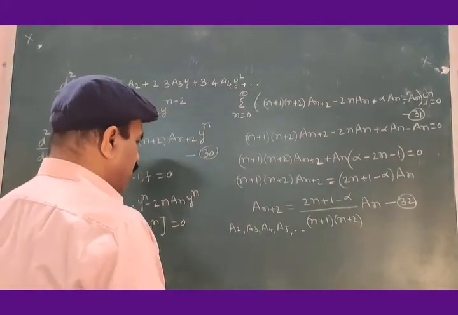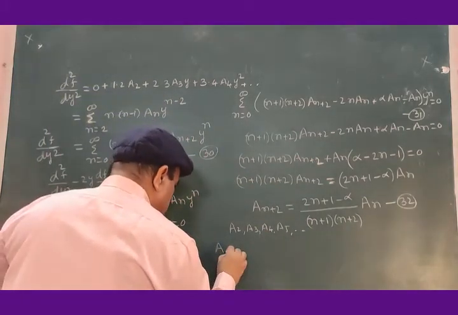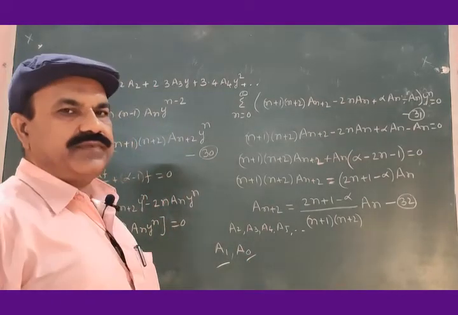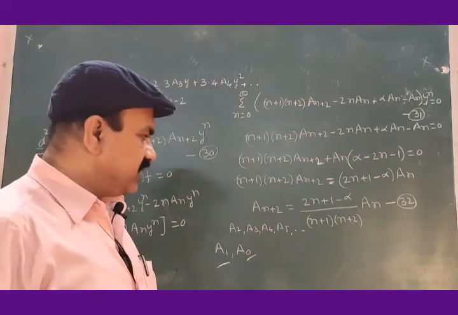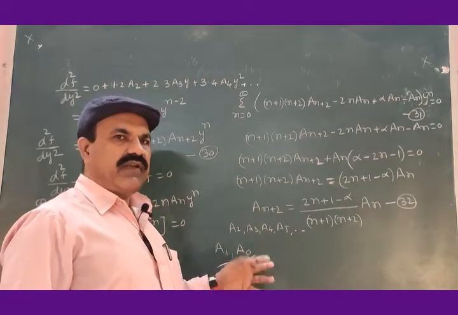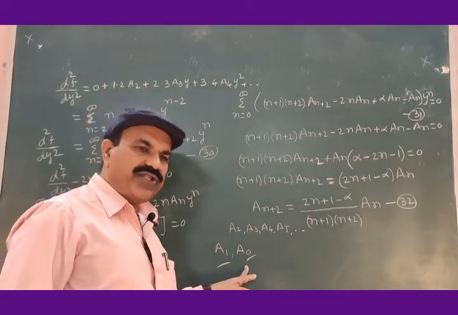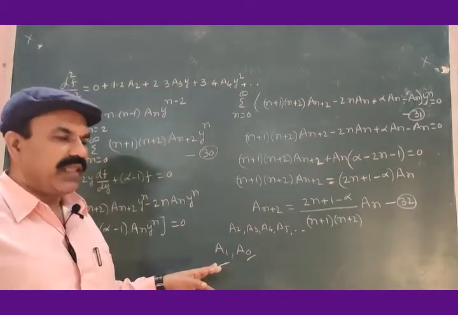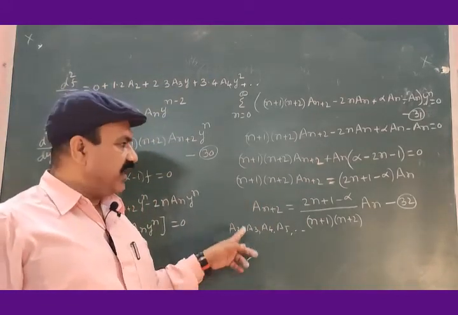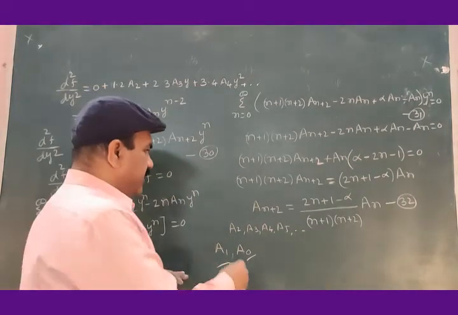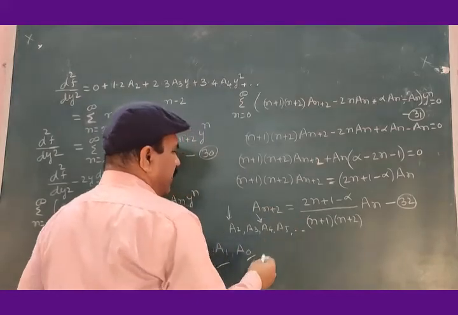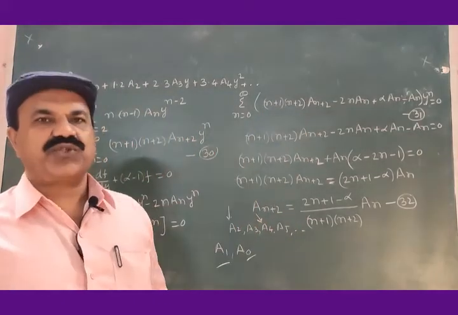Equation 32 is always solved to get the value of a0 or a1. If equation 32 gives the value of a0, this can be further used to get the values of the parameters a2, a4, a6, a8 and so on.